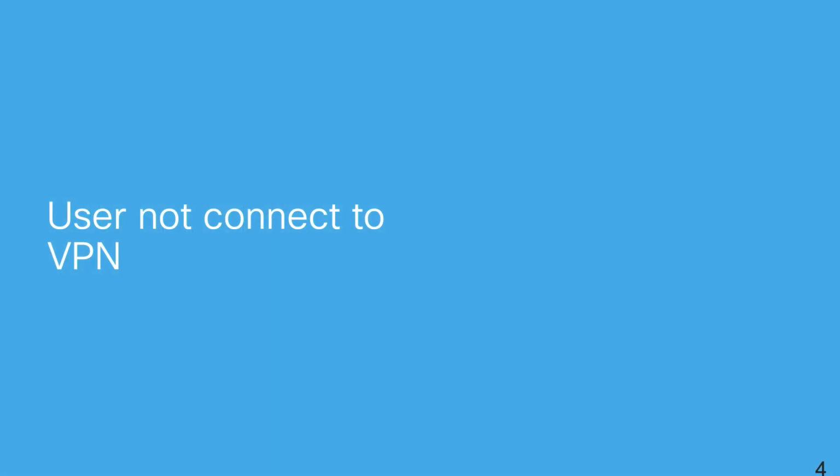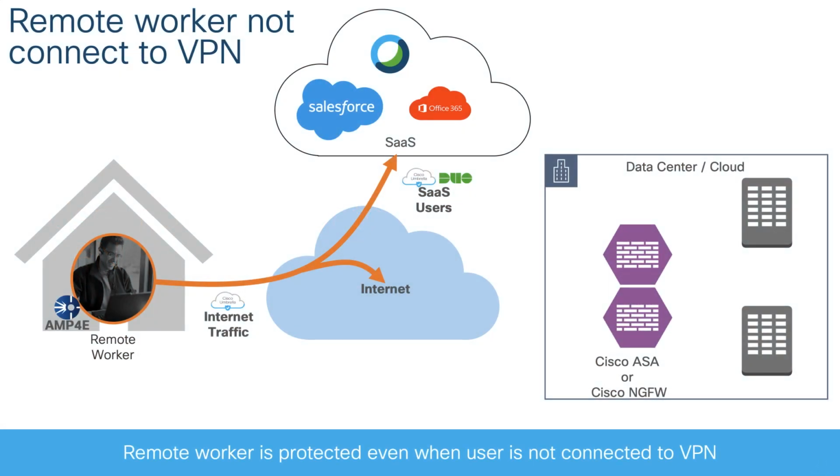For users who are not connected to VPN, they are still protected. You have modules that you can use with ASA. On ASA, you have the capability of using the Umbrella module and the AMP for Endpoint module.